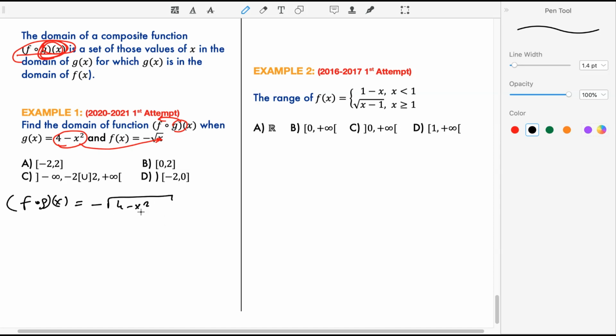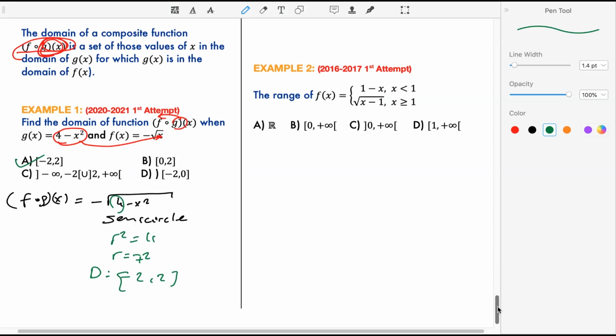Now what kind of function do you see here? Number minus x squared. I see a semicircle. So I can find my r squared. r squared is 4, so r is 2. So the domain will be from negative 2 to positive 2, inclusive. It's pretty simple if you know what kind of function you have.